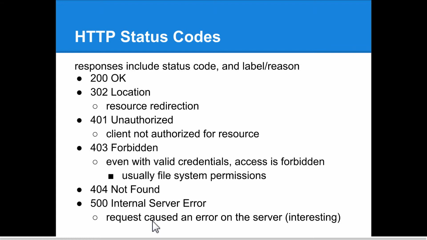For instance, on a Linux system, the file system permissions may be 000. In other words, no one has permission to do anything, so the web server cannot serve up that resource. 404, not found, and then 500 series. Basically, something interesting is happening on the server, perhaps a crash.